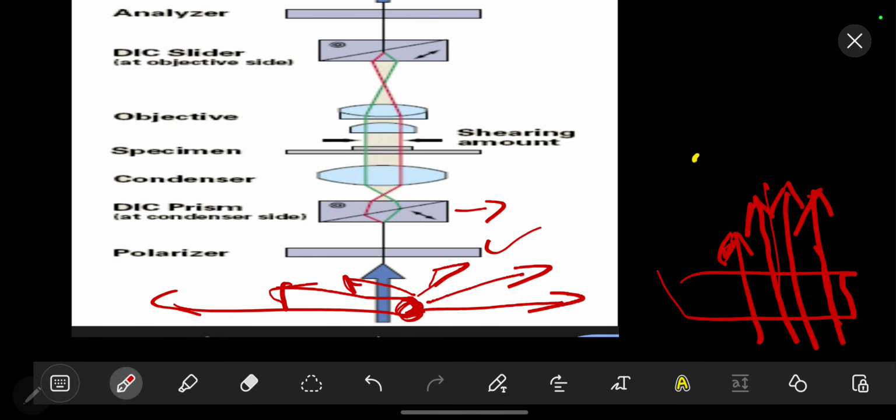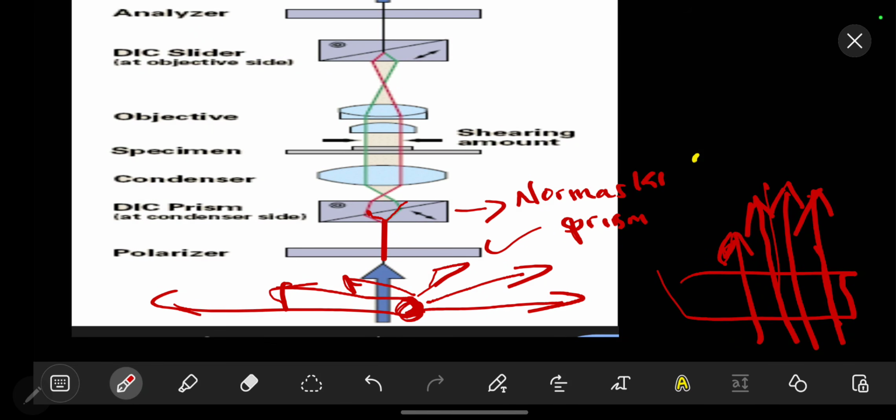Then when light moves in one plane, we also have this part which we are going to call the Nomarski prism. This Nomarski prism divides light into two rays. Remember, there was just one ray, but it is split into two. It goes to one side, and the other one goes to the other side. Now this light is split so that it is coherent.